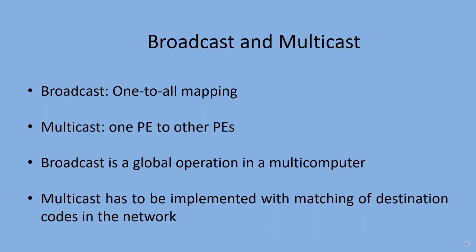Multicast corresponds to a mapping from one processing element to a subset of other processing elements. Broadcast is often treated as a global operation in a multicomputer. Multicast has to be implemented with matching of destination codes in the network.